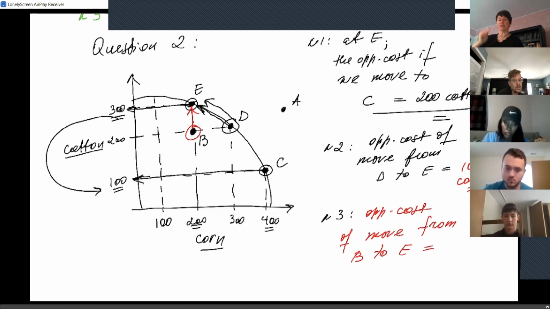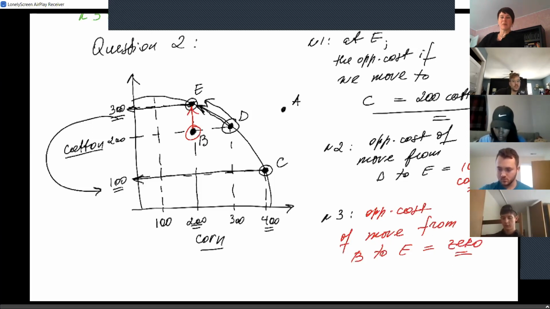Excellent point. There is no loss. Look at this. At B, we're producing 200 of cotton and 200 of corn. But at E, we're still at 200 of corn, but more of cotton. There is no loss. How is it possible? First of all, let's answer the question. The opportunity cost of a move from B to E is 0, none, nothing.